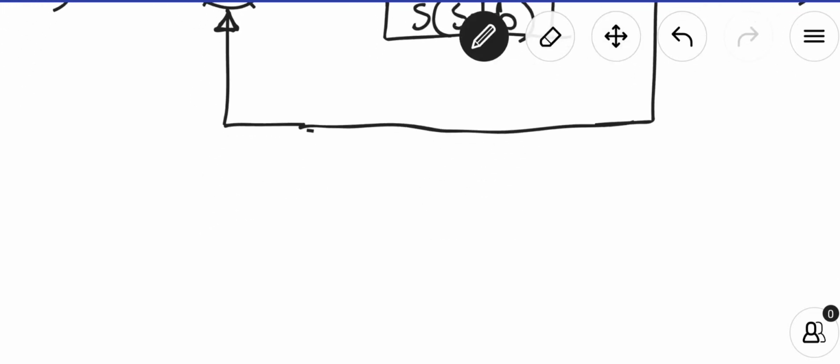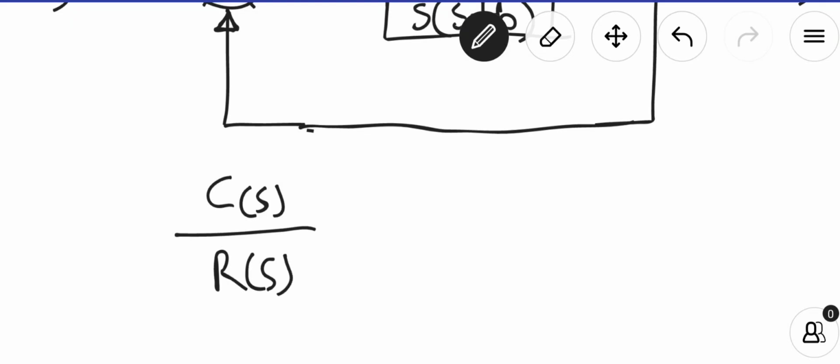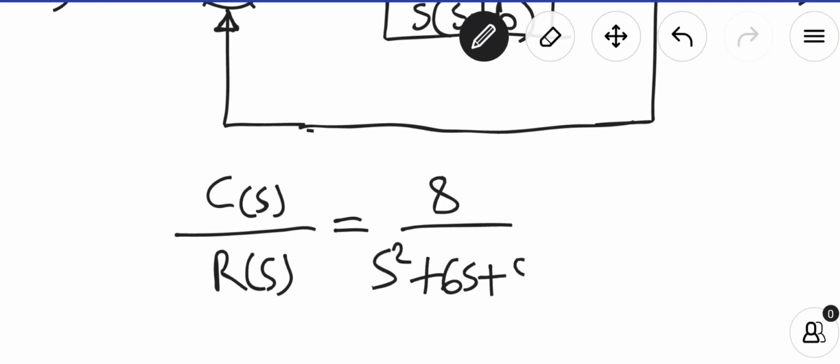Now resolving the block diagram, we have the transfer function to be 8 over, by now we should know block diagram reduction because I explained it. I don't want this video to be too long.